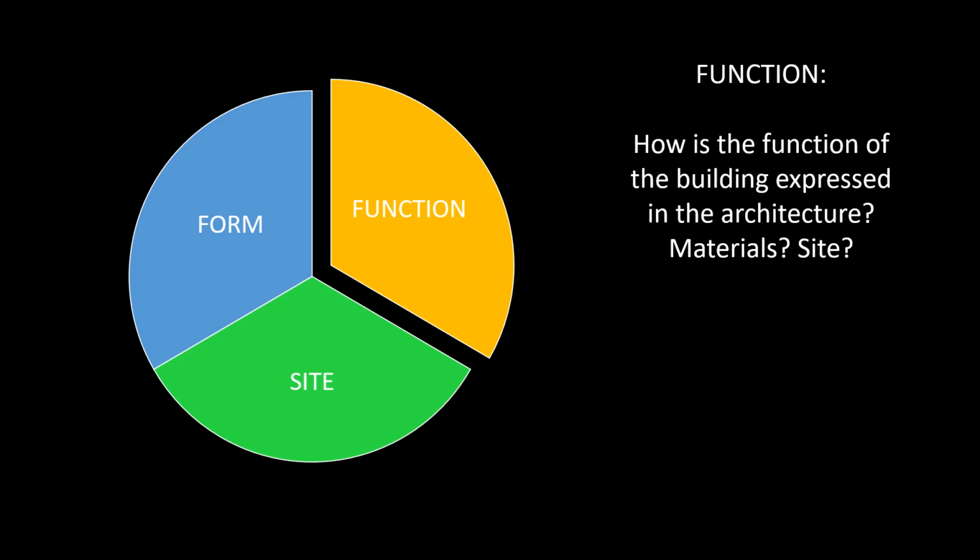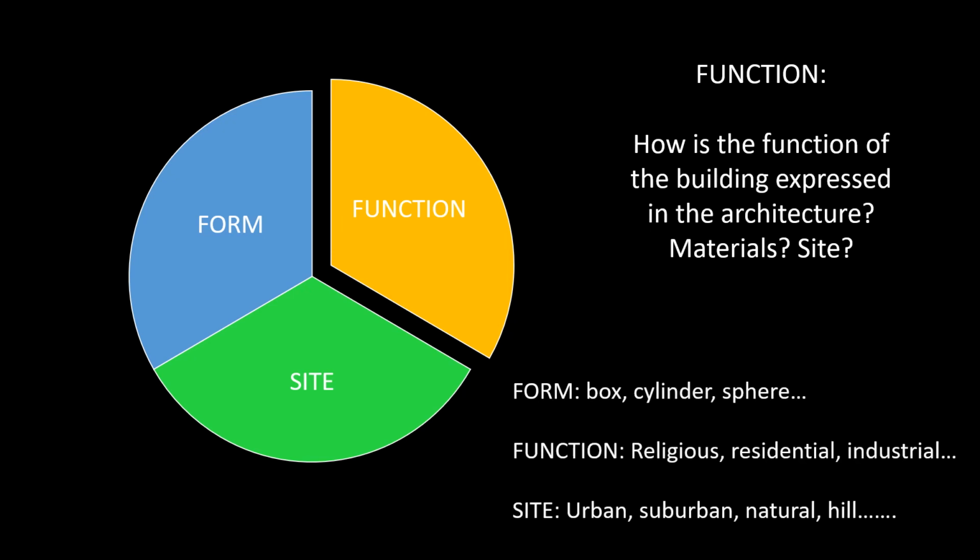But another thing that I've alluded to before is the issue of site. While we're still looking at the issue of form and asking ourselves about function as well, is it a religious building, a residential building, an industrial building? There's also this issue of the site.